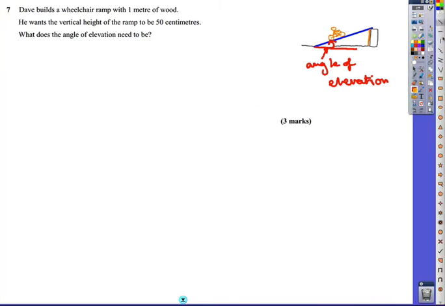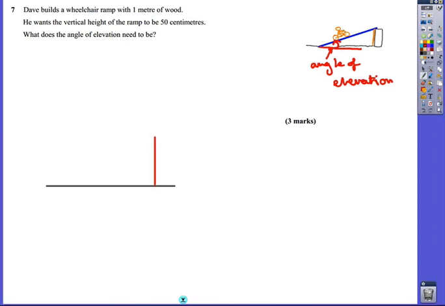And I'm just going to make the ground. So this is going to be the ground, and he wants a vertical height of 50 centimeters. So here's the 50 centimeters, and he has 1 meter of wood, and 1 meter of wood I am going to do in brown.